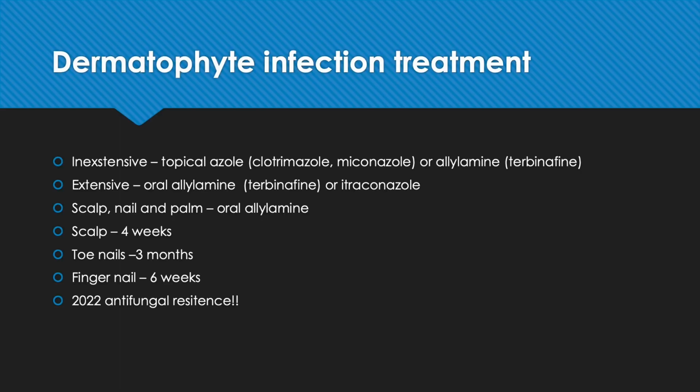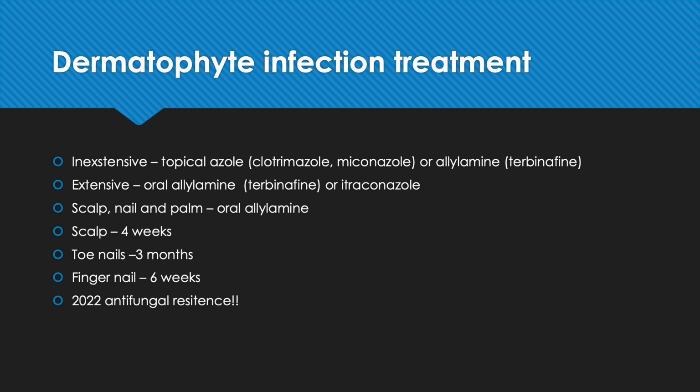So we've seen a variety of clinical pictures caused by dermatophyte infection. How do we treat them? Well, with inextensive infection of the skin, we can use either a topical azole, such as clotrimazole or miconazole, or an allylamine, and the agent used there is called terbinafine.